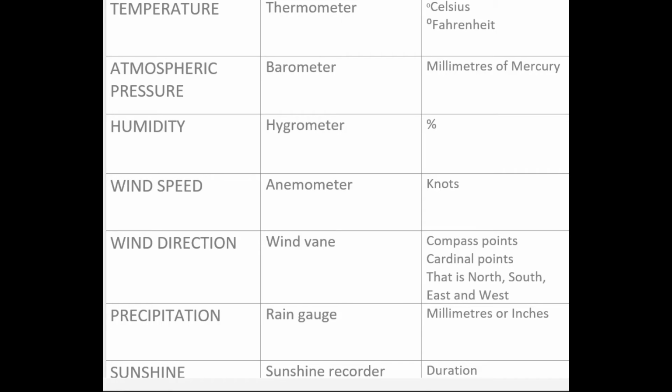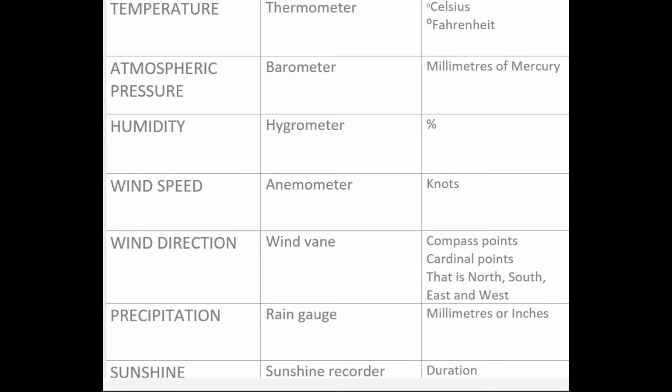Humidity, hygrometer, percentage. Wind speed, anemometer, measured in knots. Wind direction, instrument is a wind vane, and the unit of measurement are compass directions, which are also known as cardinal points.